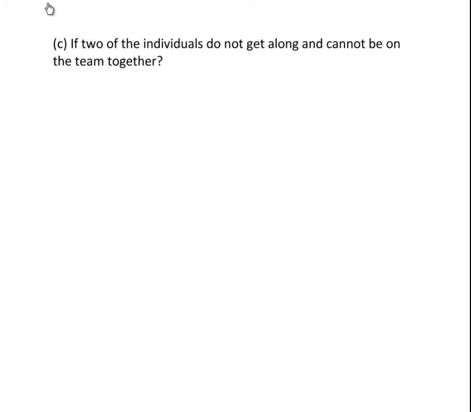The next exercise is, if 2 people in the group do not get along and can't be in the team together, how many ways are there of selecting a team of 5? Let's call them A and B. Now we have 4 scenarios to talk about.